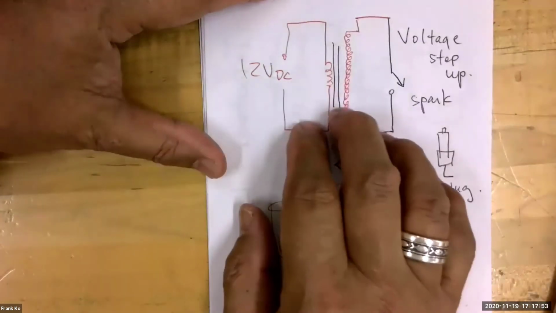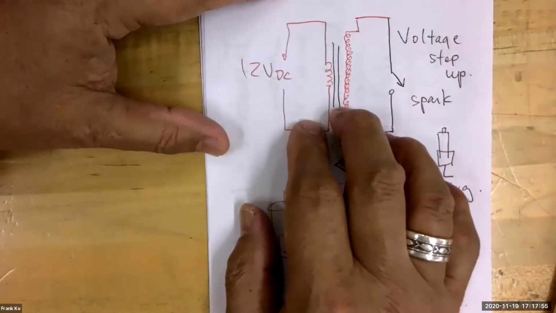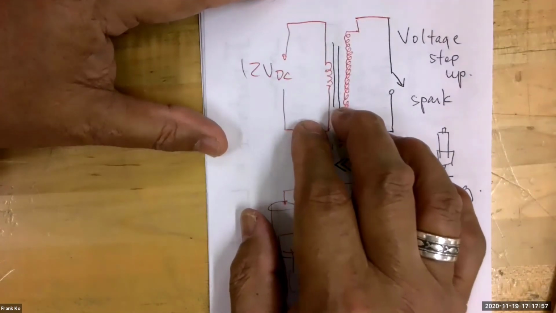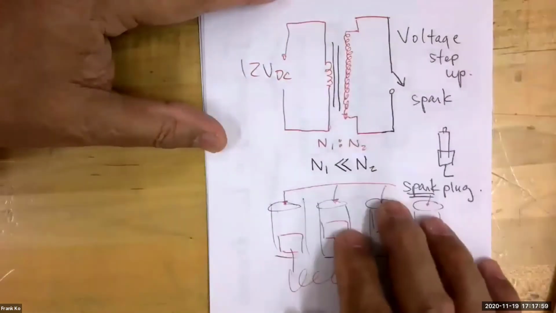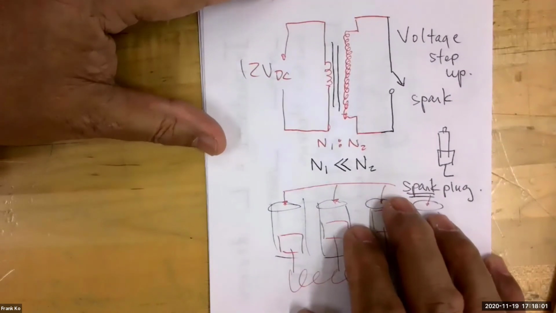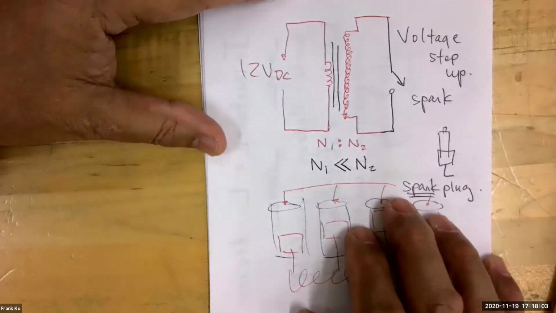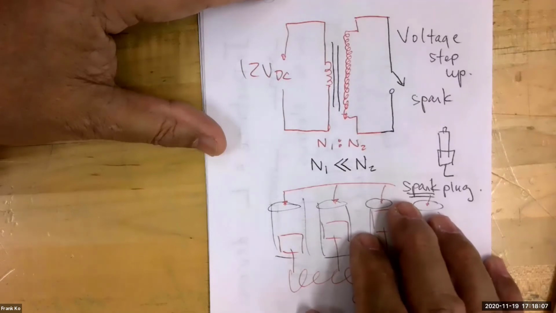So this is a critical part of your internal combustion engines. It has nothing to do with your electric powered cars, but in your gasoline powered cars, it has everything to do with making it go.